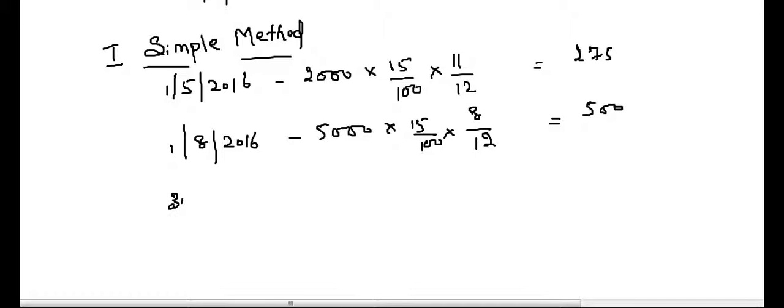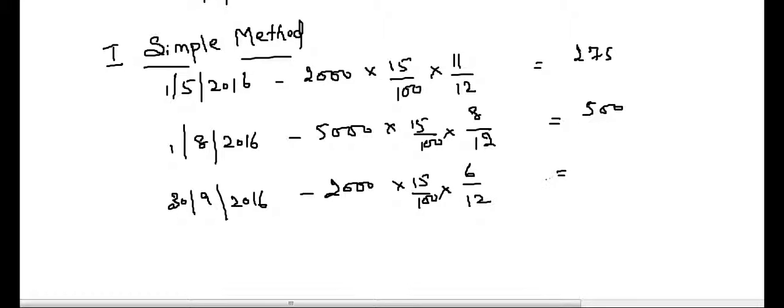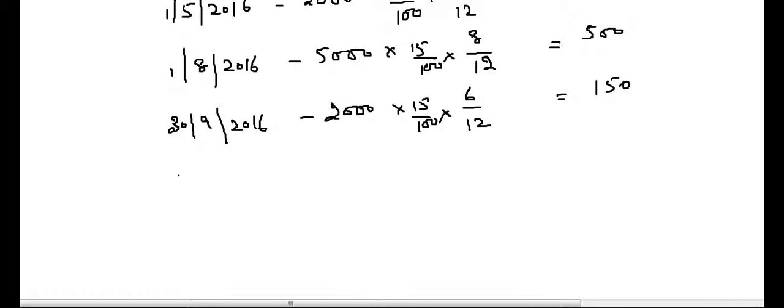Then on 30th of September he is withdrawing 2,000, at 15%. For how many months? 6 months. This comes to 150. Then on 31st of January 2017 he is withdrawing 6,000.